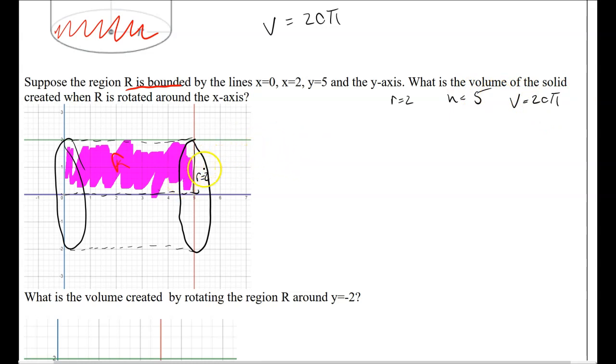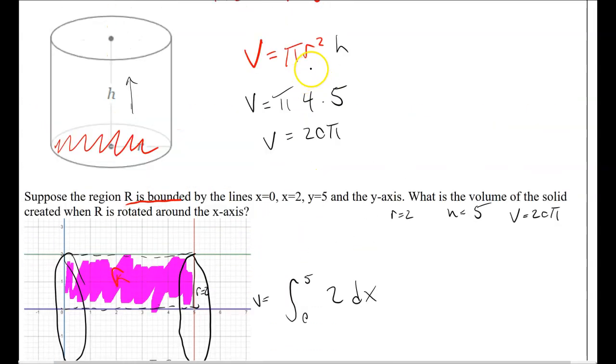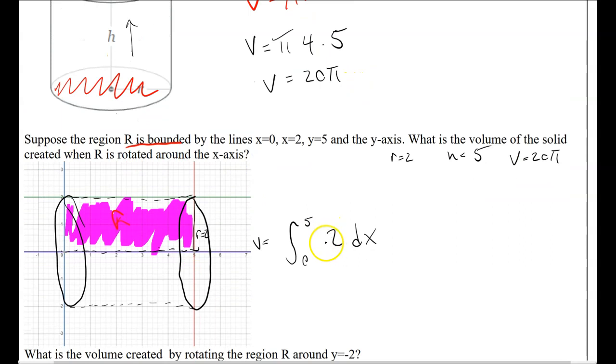But we could actually write this as an integral if we wanted to. So notice we have an x value. We have the integral from 0 to 5, and we have this curve, 2. Right now we just have the area of the region R. If we follow this formula that we used before, r was our radius, right? So what if I do 2 squared, and if my formula is pi r squared times the height, I maybe want to throw a pi in front.